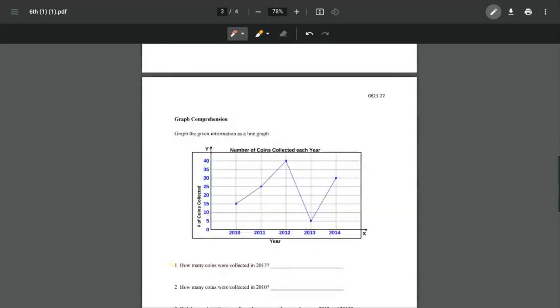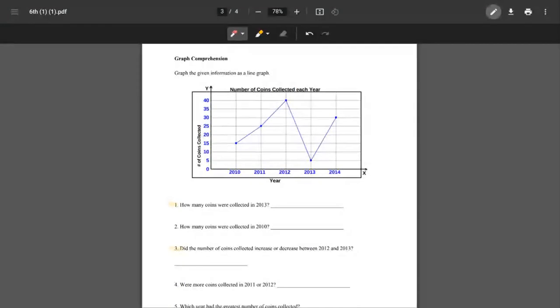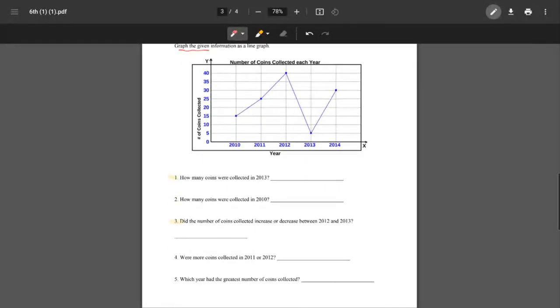And let's move on. So graph comprehension. Okay, so we're given the graph with some information, and let's look. So for number 1, they want us to find how many coins were collected in 2013.